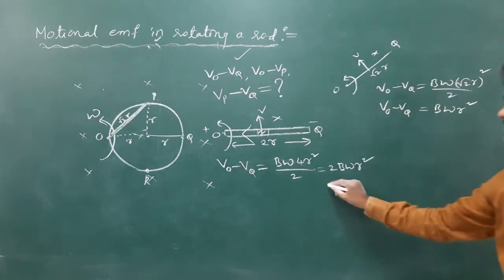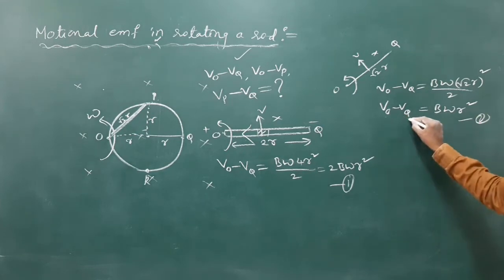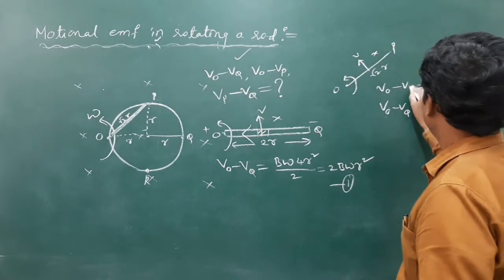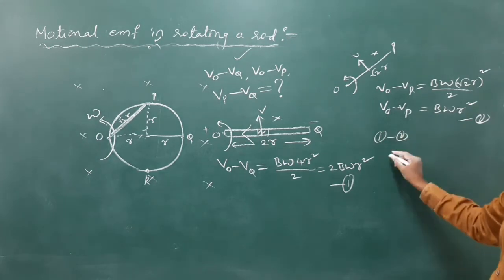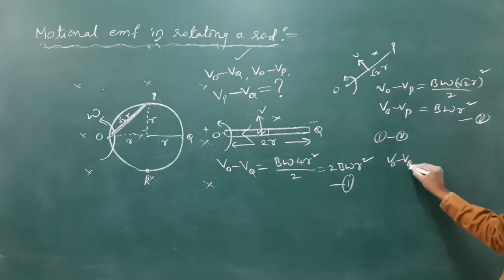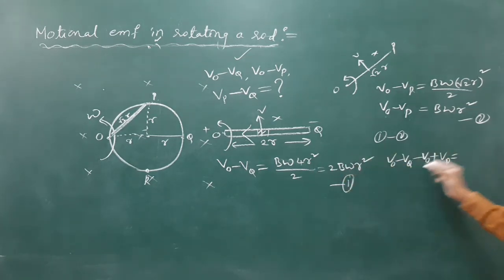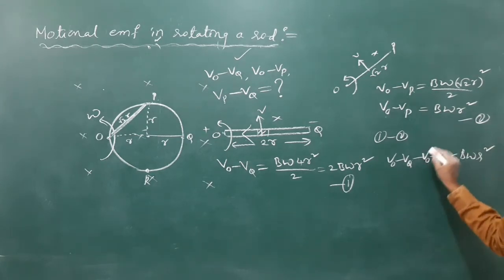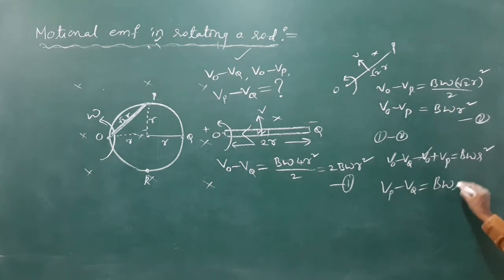Now by using these two equations, just subtract and you will get the answers. Here VO minus VQ, and here this is point P. So subtract 1 and 2. What is 1? VO minus VQ minus VO plus VP is equivalent to 2B omega r square minus B omega r square. So B omega r square. So VP minus VQ is B omega r square, the required answer.